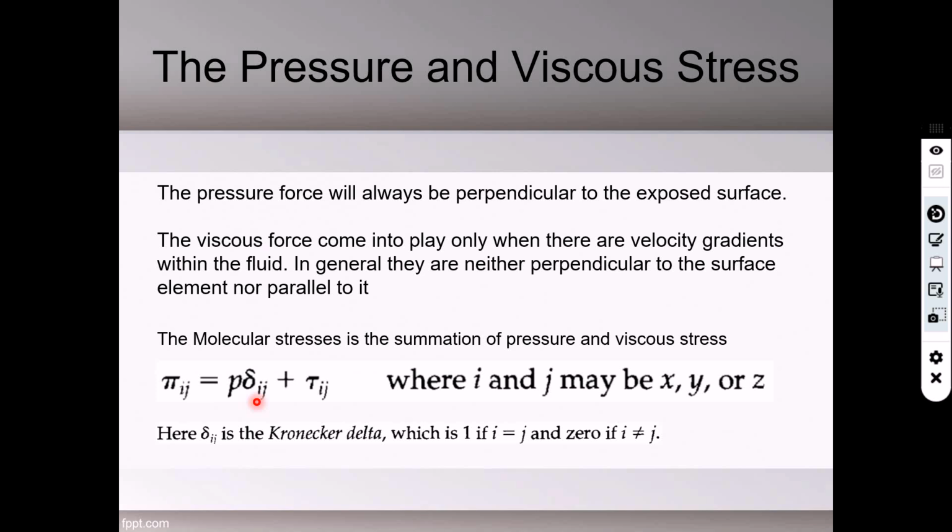The first index is the vector that is perpendicular to the plate. And the second index is the direction.